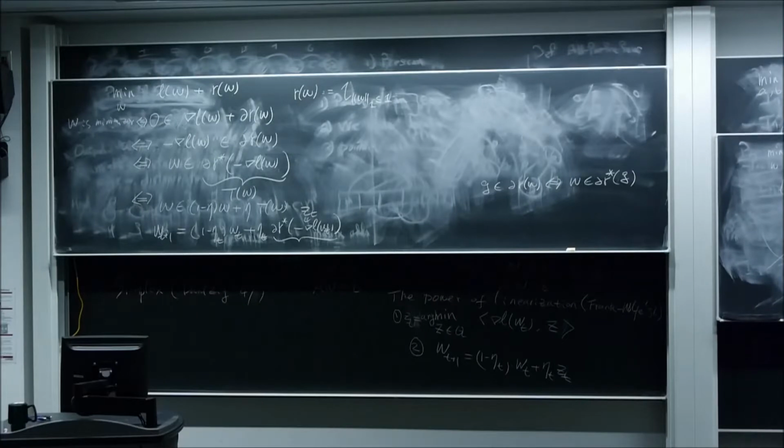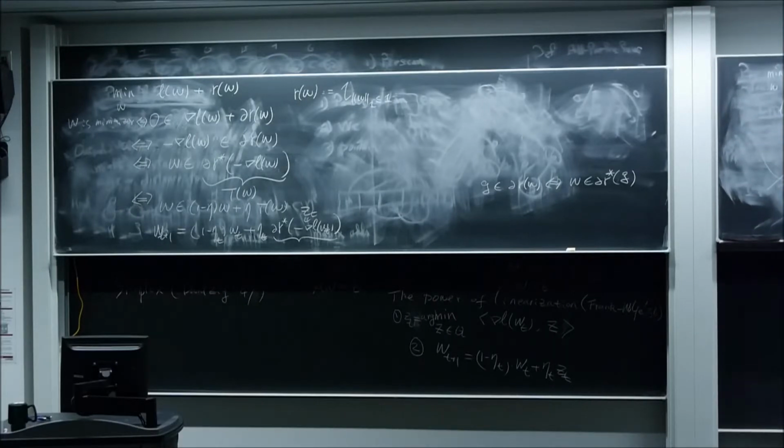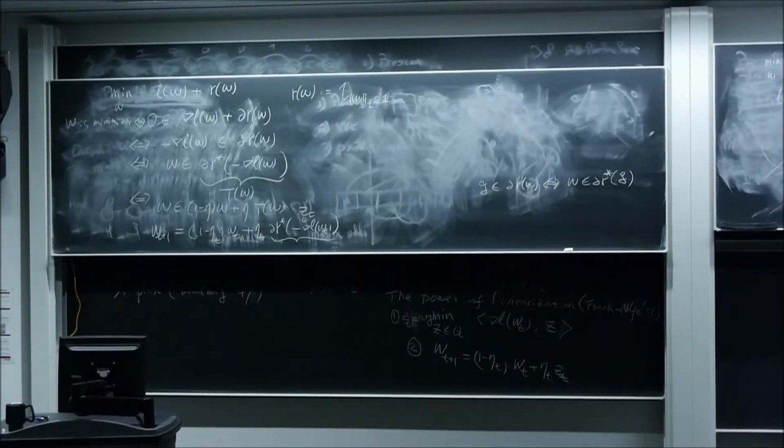Okay. And just a side remark, I think you have seen it before. This holds if the gradient is L-Lipschitz with respect to the dual norm, right? And the reverse condition holds if L is convex. So these are almost equivalent for convex functions.